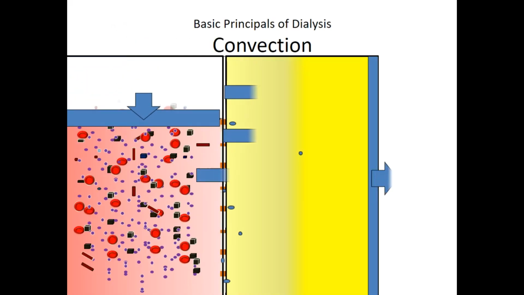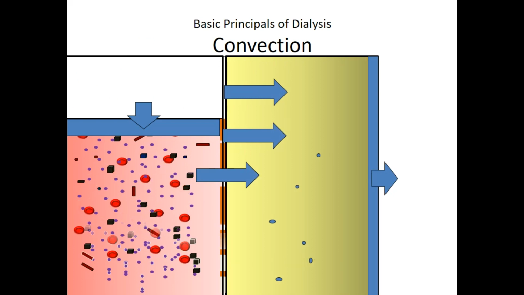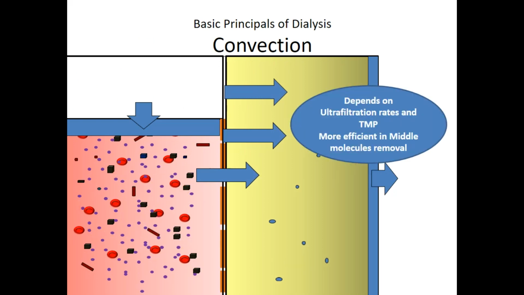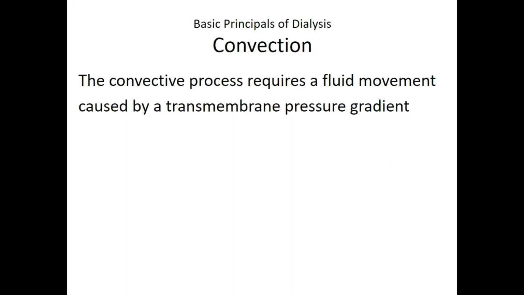So, movement of fluids carries the dissolved solids, depending on ultrafiltration rate, transmembrane pressure, and more efficient in middle molecules removal. The convective process requires a fluid movement caused by a transmembrane pressure gradient.